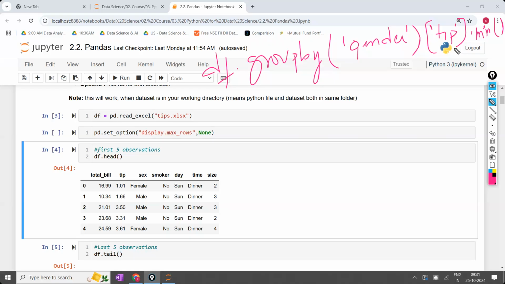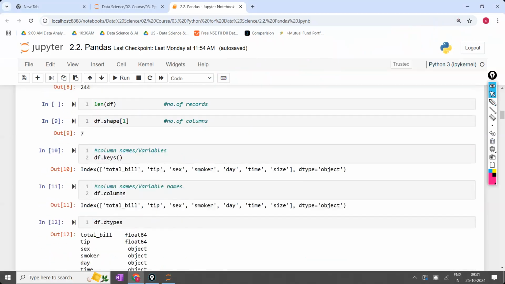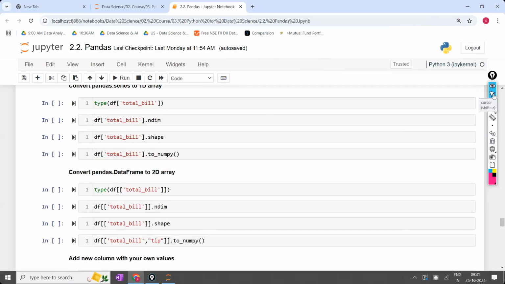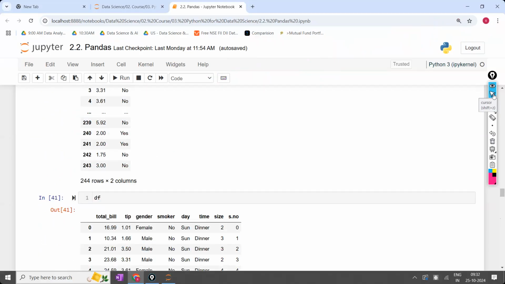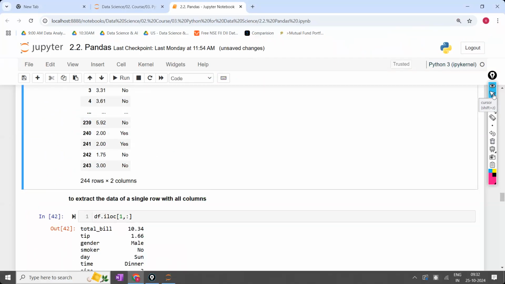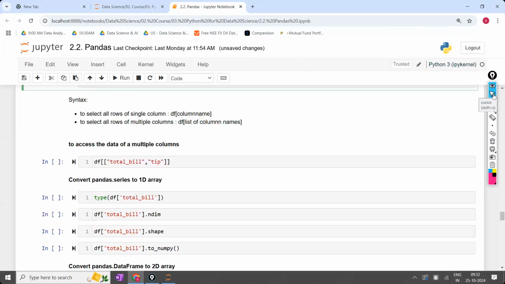Now, how can we do it for the large data set? Just observe this one. How we are going to select the data within the selecting the data only. How we are going to select the data by using loc or iloc, all these things we have discussed, right?